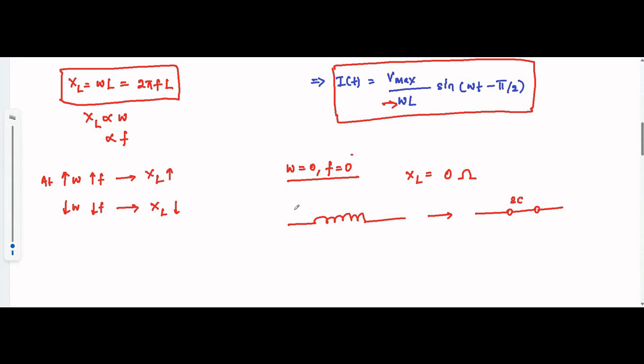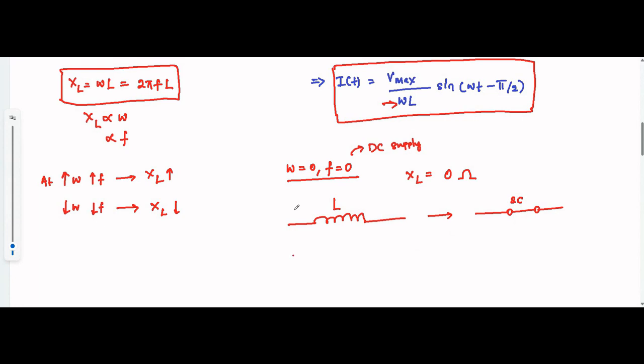Omega equal to 0 or frequency 0 means a DC supply. So for DC supply, inductor L behaves as a short circuit because XL is equal to omega L or 2 pi FL. As omega is 0, reactance is 0 ohm, so it behaves as a short circuit.